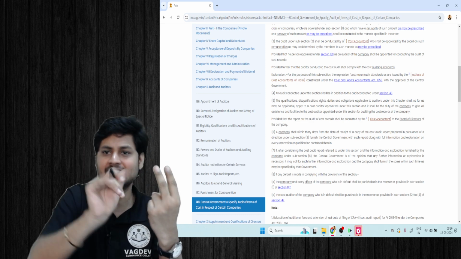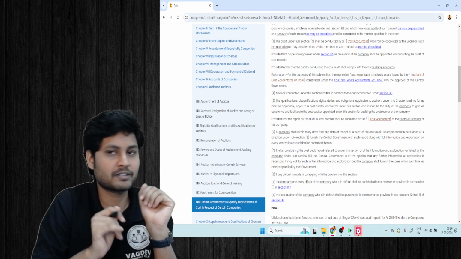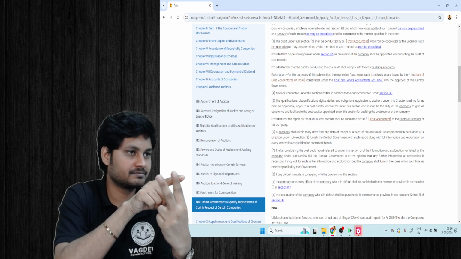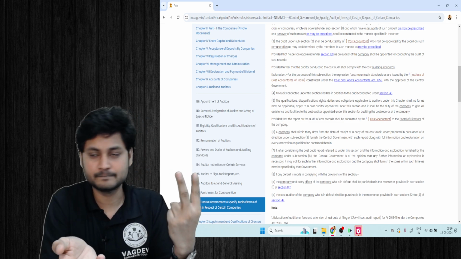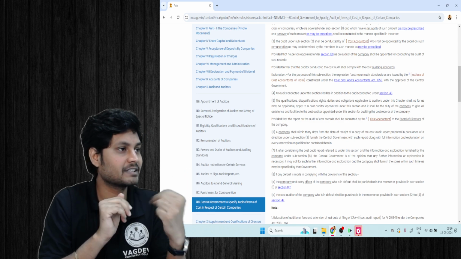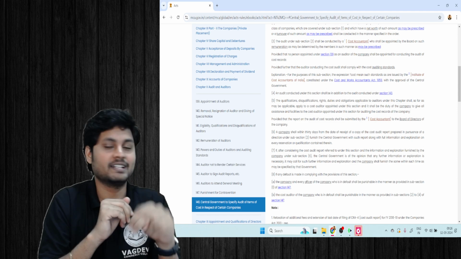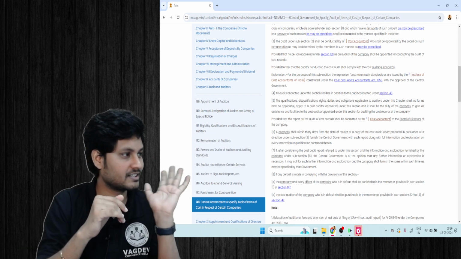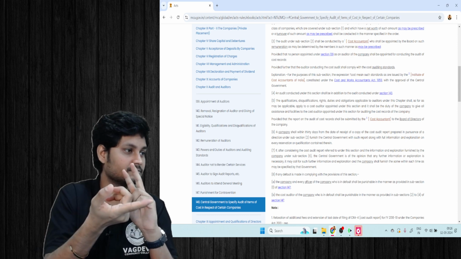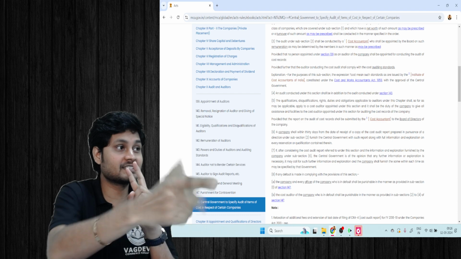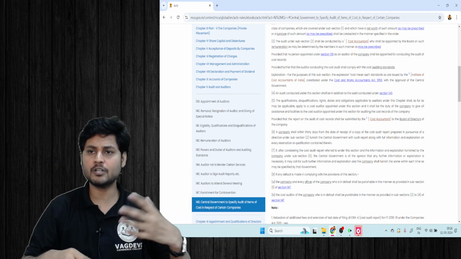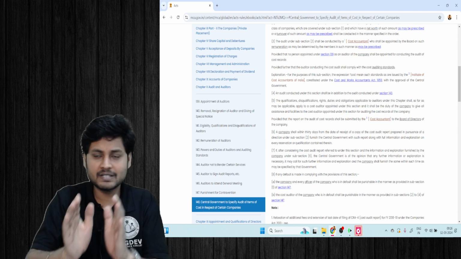Is it applicable for a single company? This is my question. There is a company for which statutory audit is applicable, which is done by CA. For that company, again cost audit is required or not? Required. Yes. That audit is different. So cost audit is in addition to the normal audit which is done by CA. For all the companies, whether private company or public company, audit done by CA is mandatory.